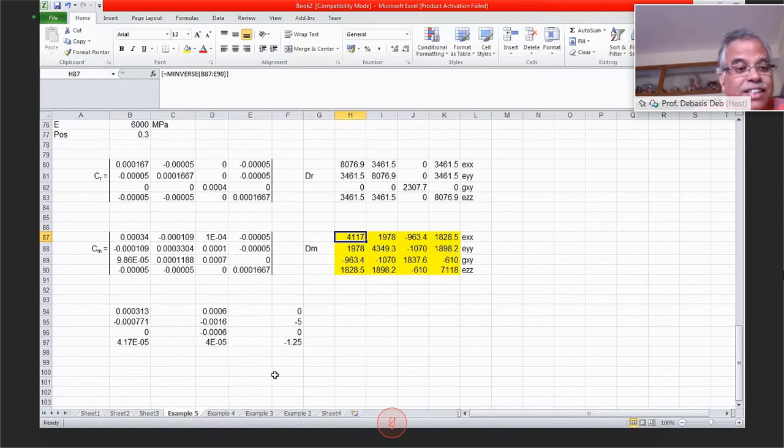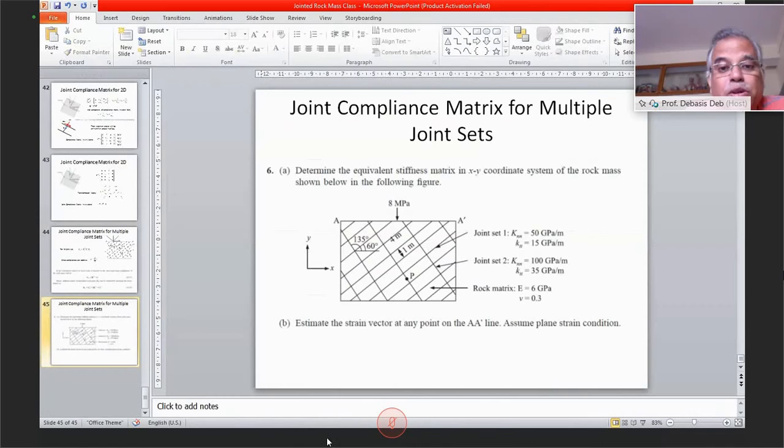And under this condition, let me show you. Let me go back to the problem. Let's say there is 8 MPa stress applied on the top. Then I want to know the strain tensor components, epsilon XX, epsilon YY, and gamma XY on this surface.